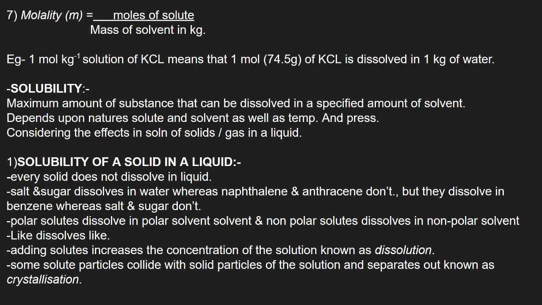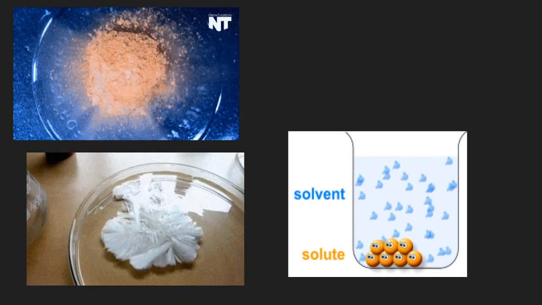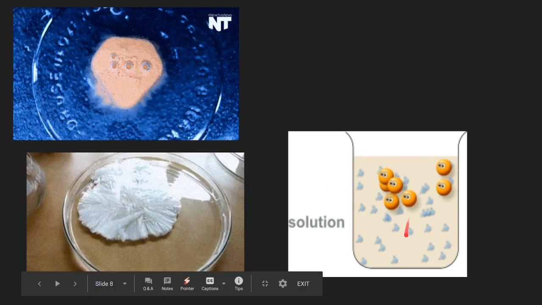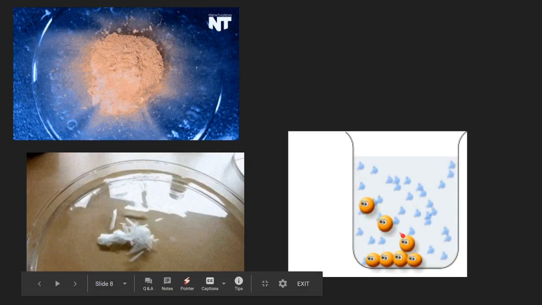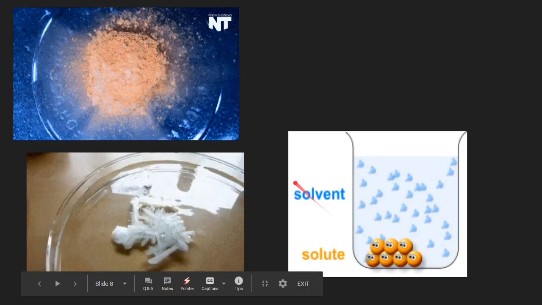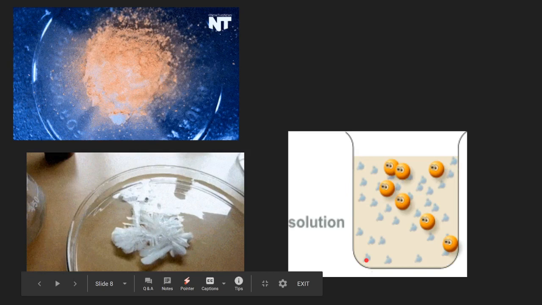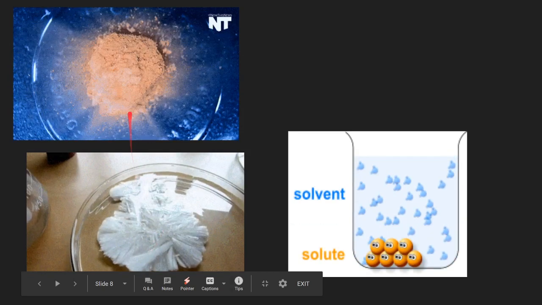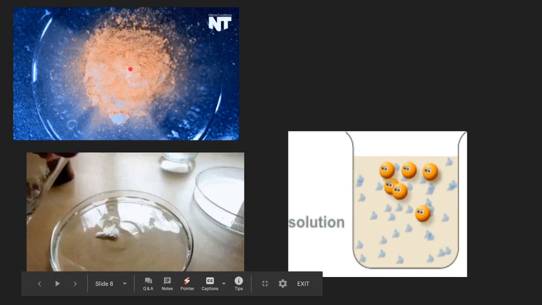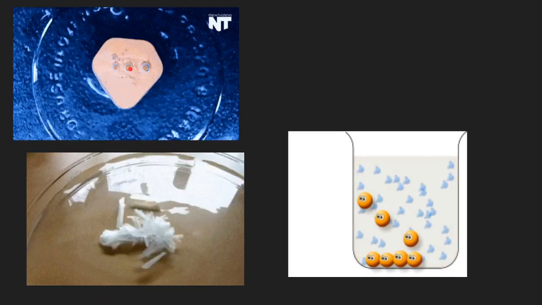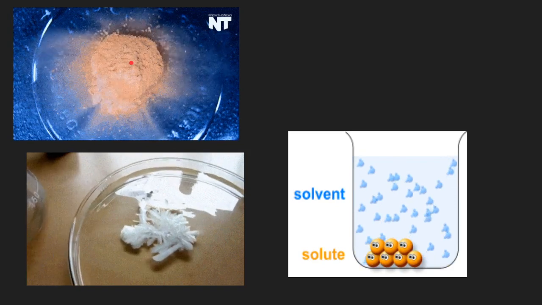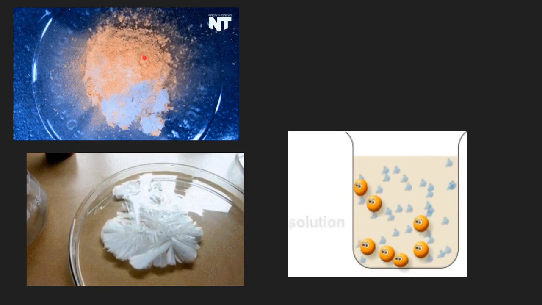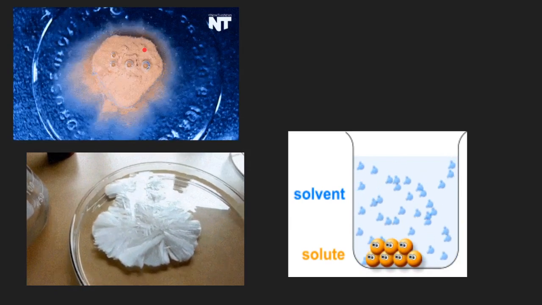I'll show you the diagram here. Okay, so this is the diagram. Basically it's a solution. You can see what the solution is all about. Solvent plus solute gives you a solution, and here is the example. This thing is crystallization. From the diagram, you can see that this is the medicine which we add into the water, and we try to drink the medicine in the water and see how the medicine gets dissolved in the water.